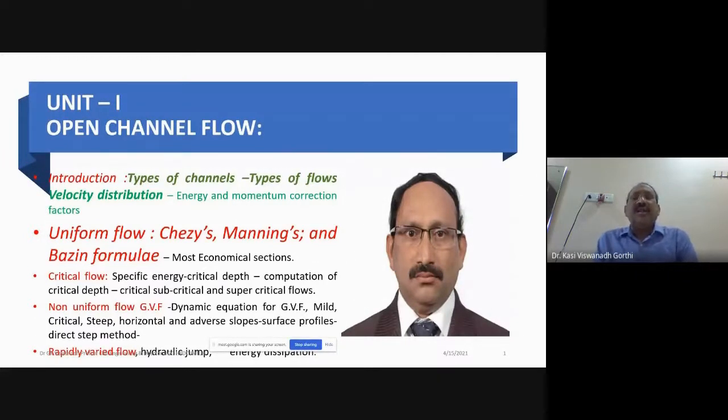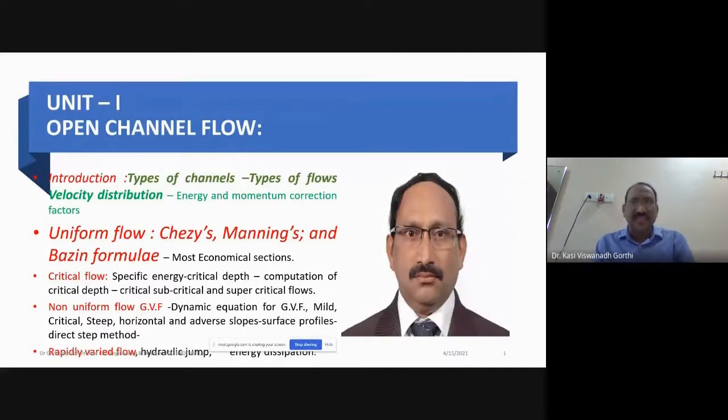Further, for all the calculations of energy and momentum, or for various applications, we go by the concept of average velocity or mean velocity, as a result of which there would be a difference in the total kinetic energy calculated based on the actual velocity distribution compared to the mean velocity calculations.